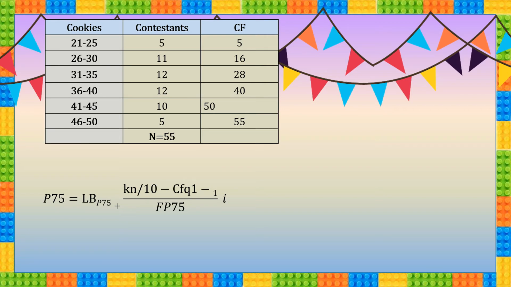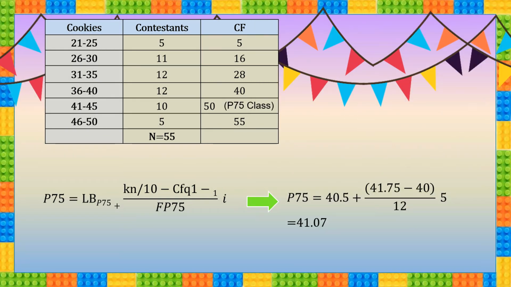Again, it is almost the same as decile and quartile. The only difference is that summation of f will be multiplied by 75 and divided by 100. So again, we will locate the 75th percentile class interval. Substitute the indicated values, simplify, and we got our 75th percentile, 41.07.